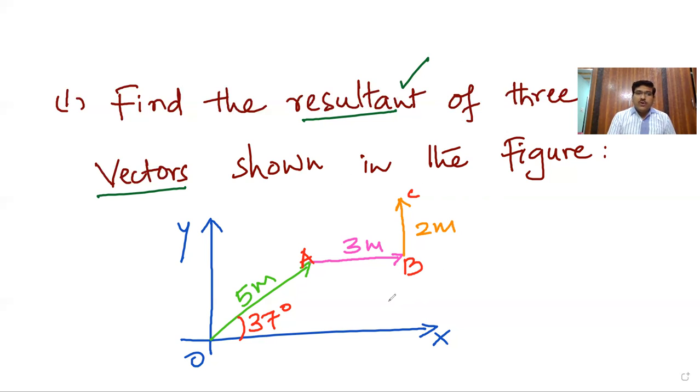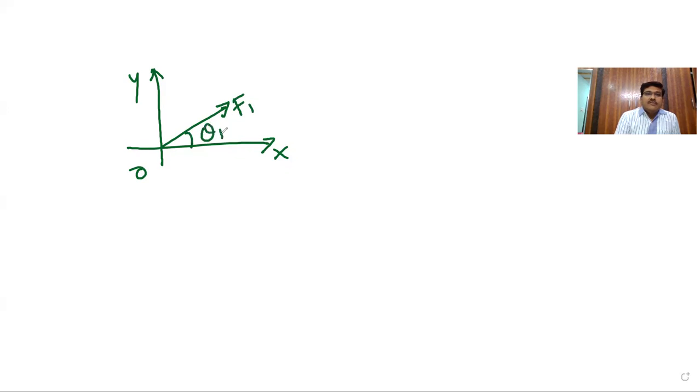Now, before going into the details of this problem, observe: whenever some forces are given, here I am putting the y-axis, the x-axis, origin. Let us say as an example, this is one force F1, at angle θ1. Let us say there is another force F2, angle θ2 with respect to the x-axis. Clear?